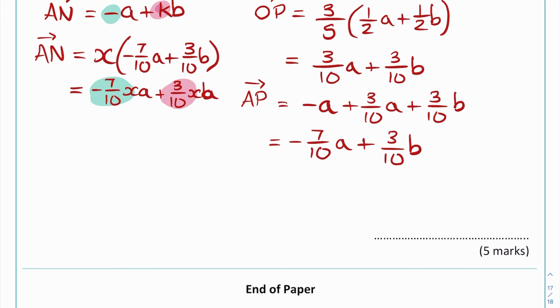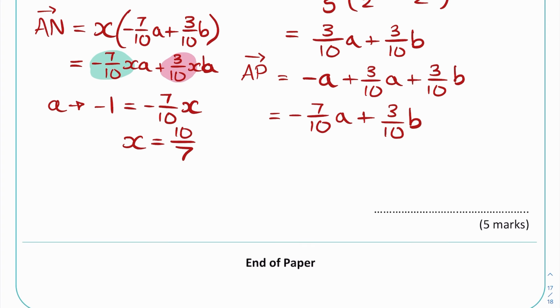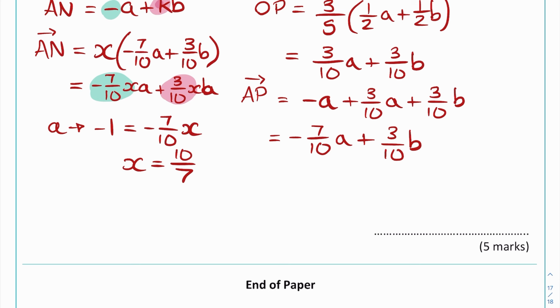For the green one that I've written there, for a, we have -1 is equal to minus 7/10 x. Now we can divide -1 by -7/10, which is the same as doing 1 multiplied by 10/7, obviously just doing the reciprocal. Of course you can type that into your calculator. So you get x is equal to 10/7. So we've got that value of x now. We know that x is 10/7.